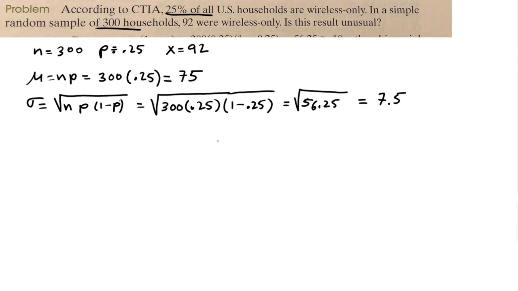So we have our mean, we have our standard deviation, and I did calculate the variance here. n times p times 1 minus p is 56.25, which is greater than or equal to 10, which means I have a bell-shaped distribution.